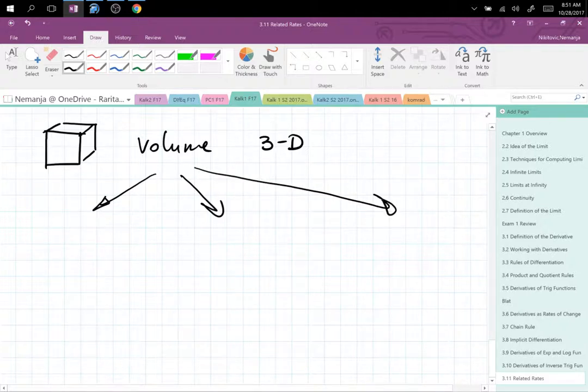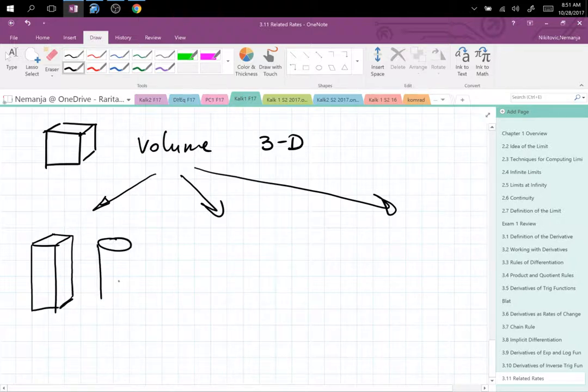The first group is the group of prism objects. So we can talk about a box or a cylinder. You see that the top and the bottom are parallel. They are flat surfaces.